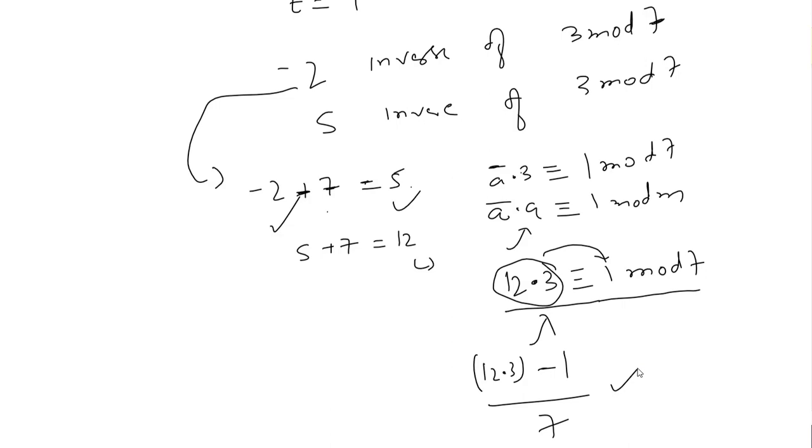So it's equal to 36 minus 1 divided by 7, which is 35 divided by 7, and 7 will divide 35. So that's how we can obtain the inverse through different methods. And in this example we discussed the Euclidean algorithm and Bézout's coefficients in particular.